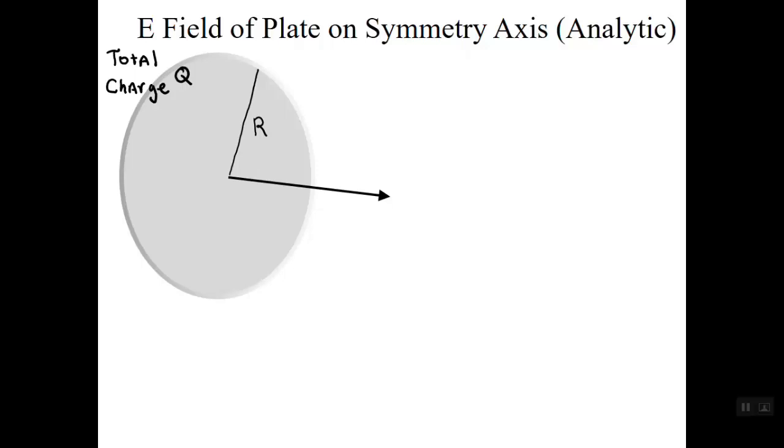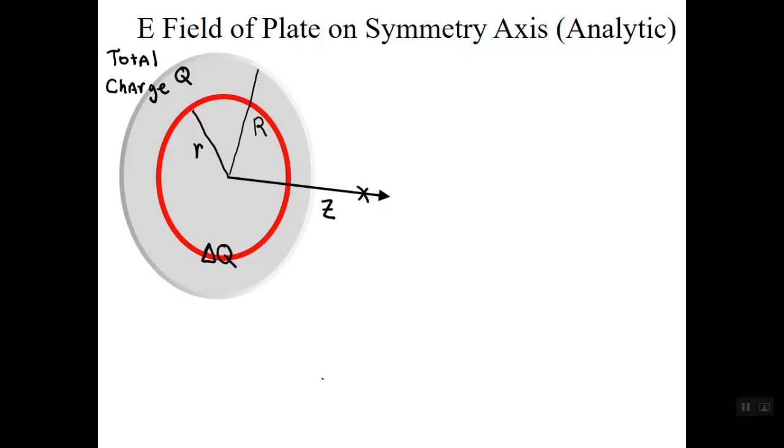Let's calculate the electric field at an observation location at coordinate z on the z-axis, the symmetry axis. Step one, we will break up the plate into rings. Let's focus on a typical ring like this. The ring has radius r and carries a charge delta Q. The ring also has a thickness delta r.